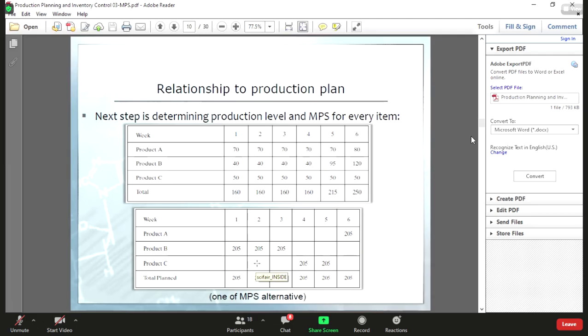We have no stock of product C, but there are requirements of 50 units, and we decide not to produce product C. In period 2, we just produce product B, the total 205 all for product B, not for A and C. So in this situation, this is not a good decision. We cannot fulfill the requirements of product C. We can still fulfill product A and also product B, but for product C, we will lose it.